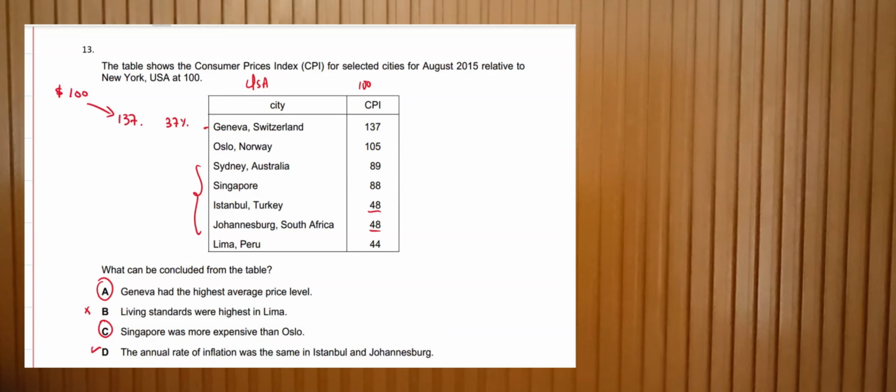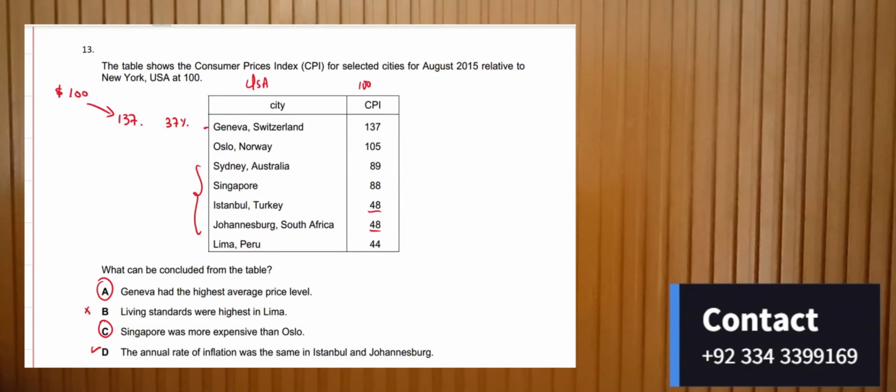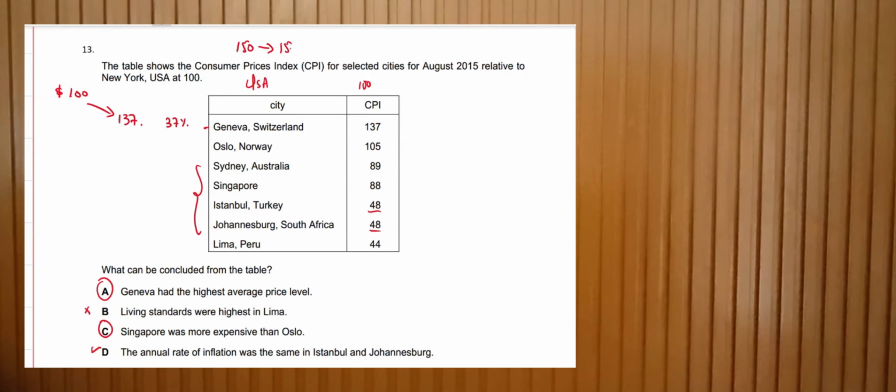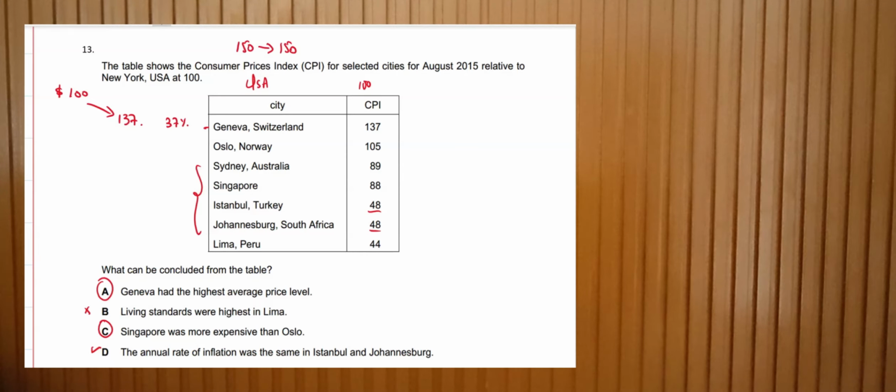Now, this does not indicate that it's more expensive compared to USA or less expensive compared to USA. In USA, the same product might be 150 last year and it's now 150 this year as well. So the inflation remained the same. Hence, we cannot conclude on this option whether the products are more expensive or less expensive.